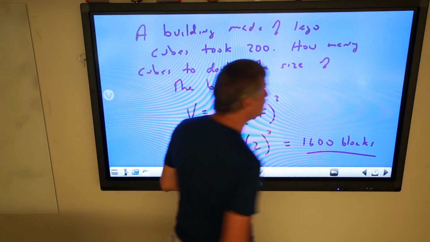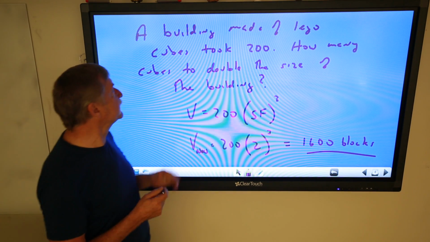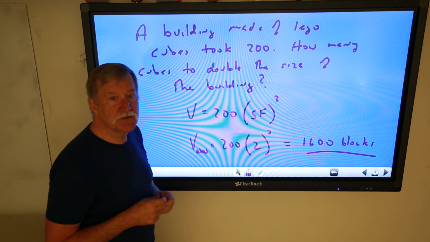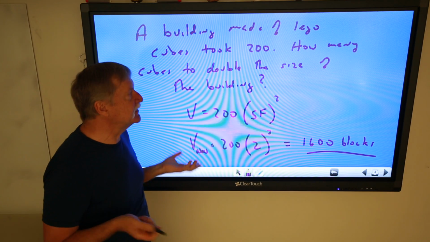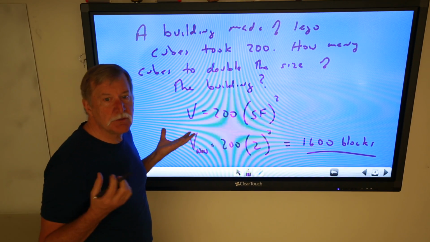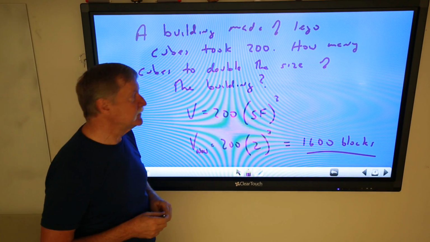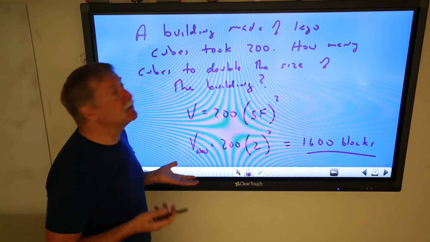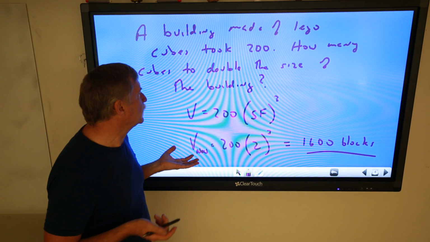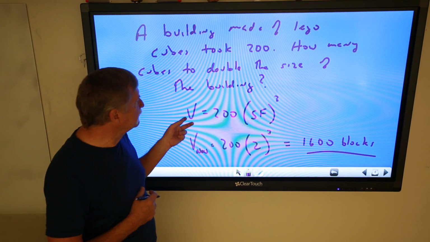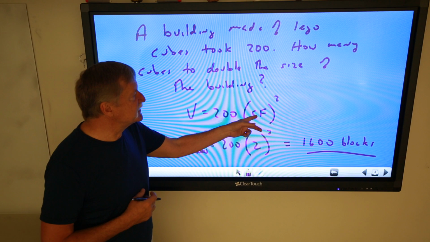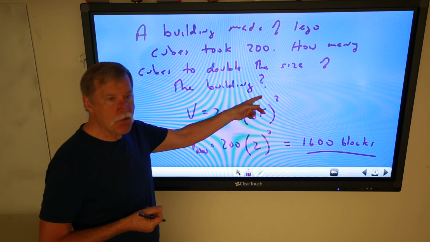Okay. Other problems that might use this, a building is made of Lego cubes, and it took 200 of these Lego cubes to make this building. So now you want to double the size of that building, dilate it, all right? How many Lego cubes are you going to need? Well, you're going to need the volume, 200 cubes, times the scale factor to the third power.